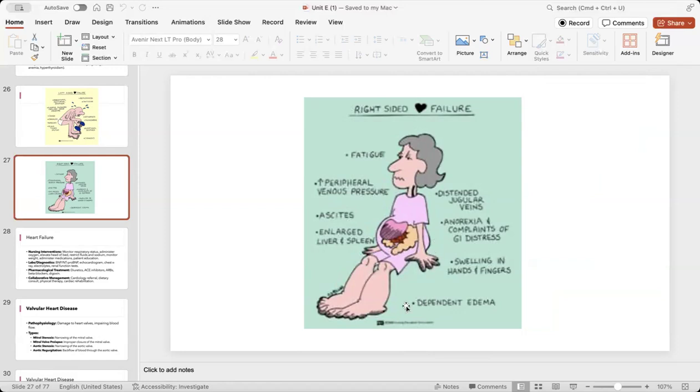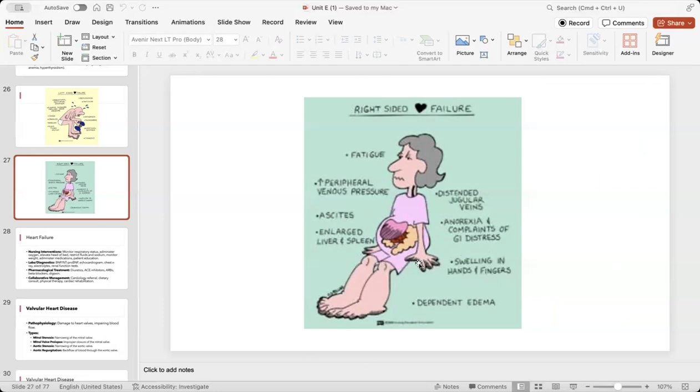One of the biggest assessment pieces on these people is what we call dependent edema. When you go assess them and you're looking at their peripheral vasculature and their skin, they're likely to have pitting edema. Depending on the severity of the heart failure, you're going to poke their leg and it's going to leave an indent in it. So it'd be like maybe +3, +4 pitting edema.